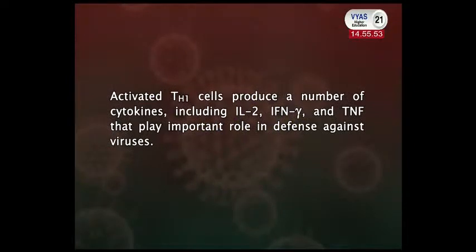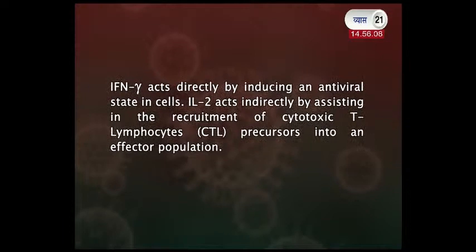Activated T helper cells produce a number of cytokines including interleukin 2, interferon gamma, and TNF that play an important role in defense against viruses. Interferon gamma acts directly by inducing an antiviral state in cells.